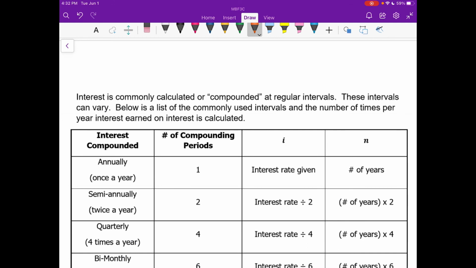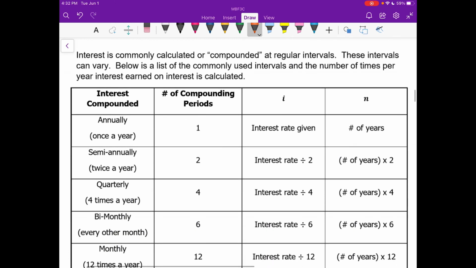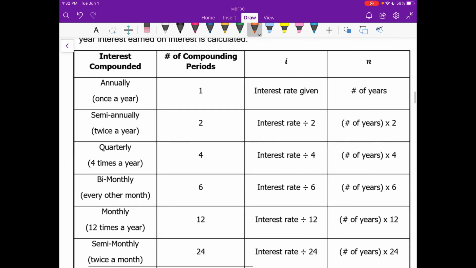So interest is commonly compounded, or calculated, at regular intervals. These intervals can vary. Below is a list of commonly used intervals and the number of times per year interest is calculated. If you're getting something that's compounded annually, it means there's only one compounding period.